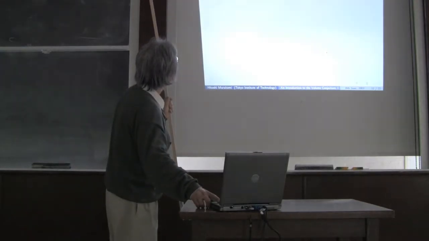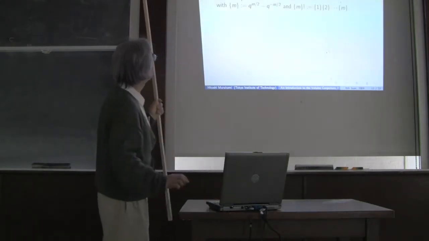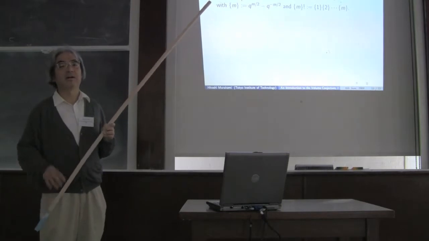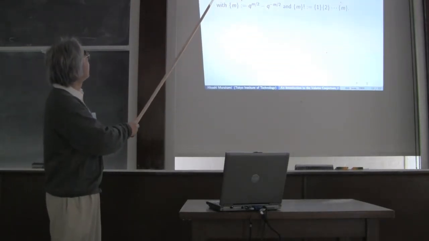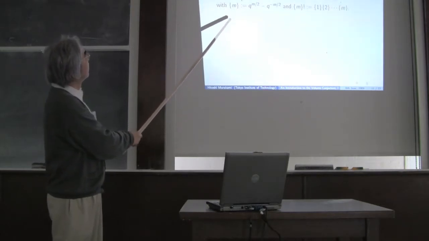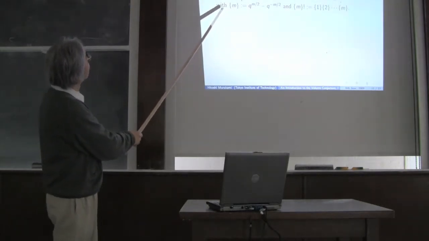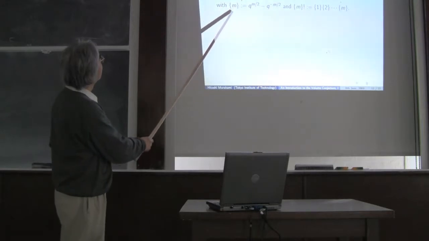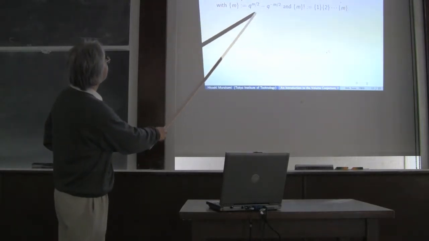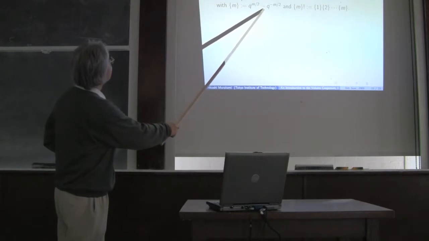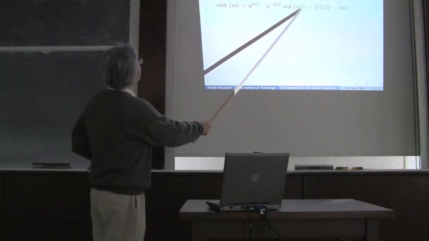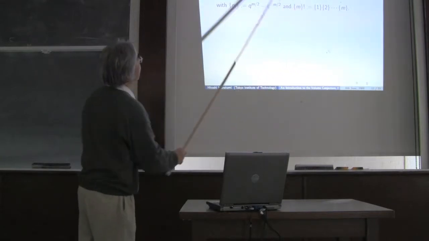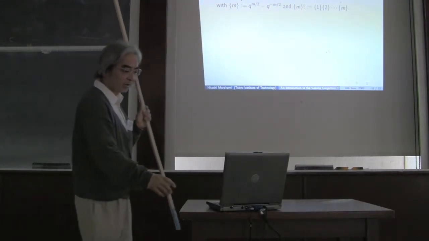To be more precise, V is an n-dimensional vector space. And if you fix a basis, the R matrix can be written in this maybe too complicated formula. Here, the curly bracket of n is q to the n half minus q to the minus n half, and the factorial of that curly n is something like the usual factorial.